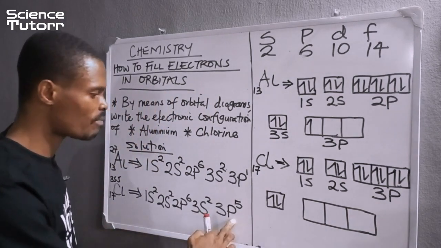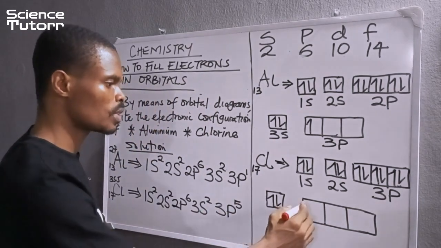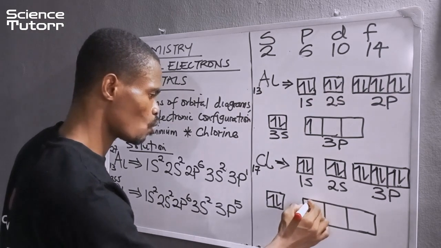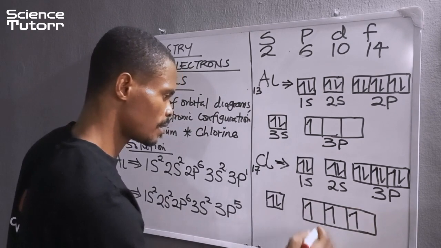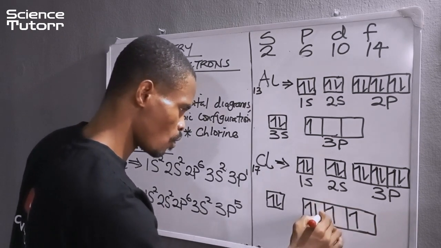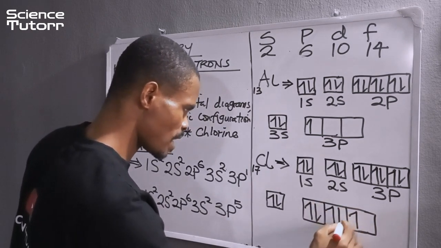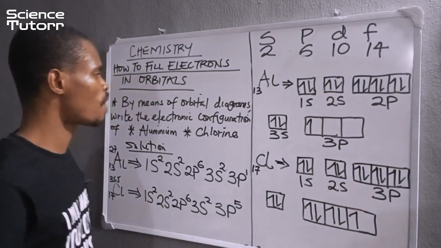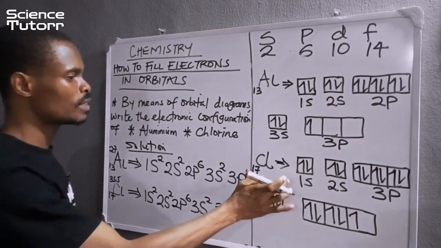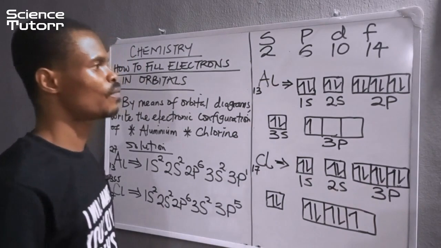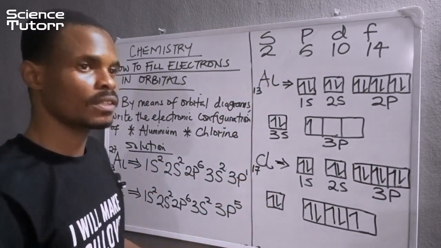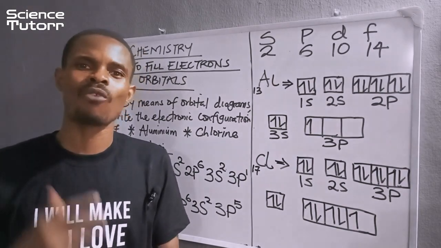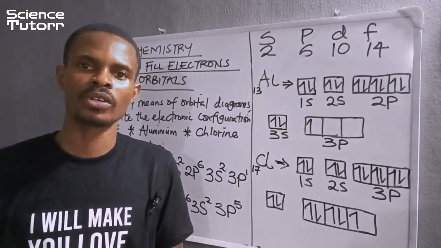Now, with 5 electrons, the filling goes this way: 1, 2, 3, 4, we pair, and then 5. So what we have done so far is draw the orbital diagram for chlorine. We have it for aluminium and we have it for chlorine. The same method can be replicated for every element of the periodic table.